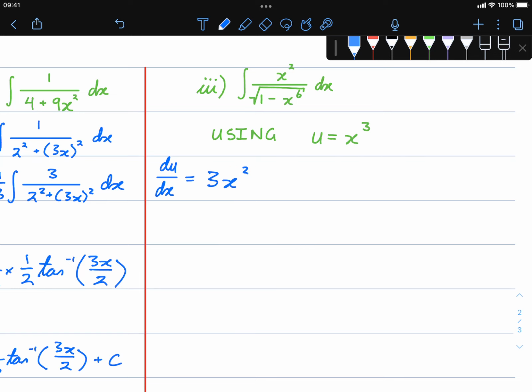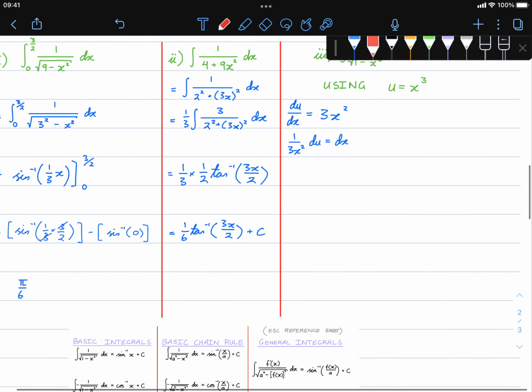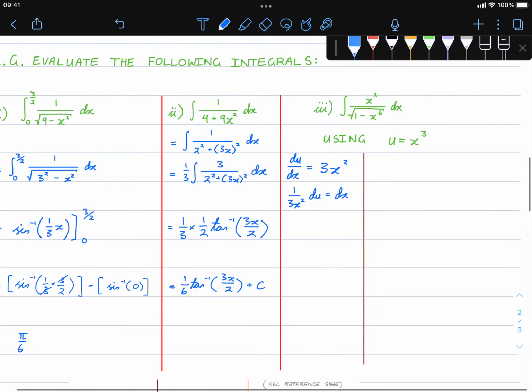Rearranging this, we get 1 on 3x squared du equals dx. Using this substitution, we get the following.